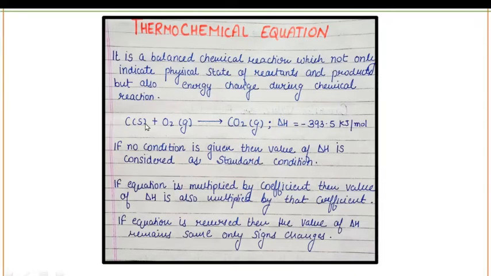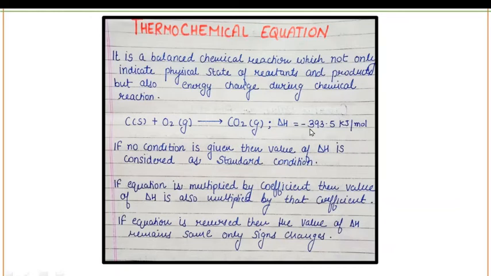For example, as you can see here, carbon in the reactant is in the solid physical state while O2 is in the gaseous state. When carbon solid and O2 gas react, this will form CO2 gas, and delta H, the enthalpy associated with this reaction, is minus 393.5 kilojoule per mole.